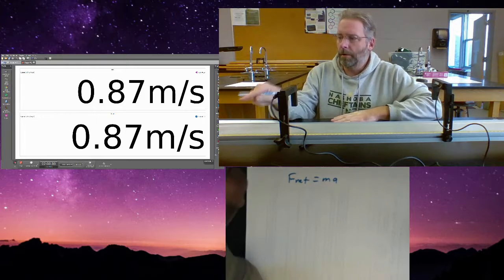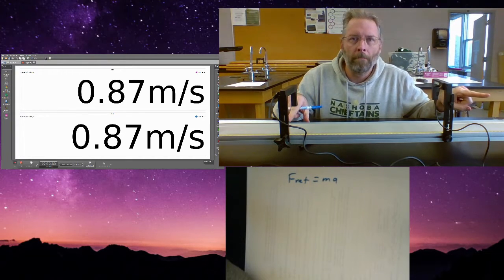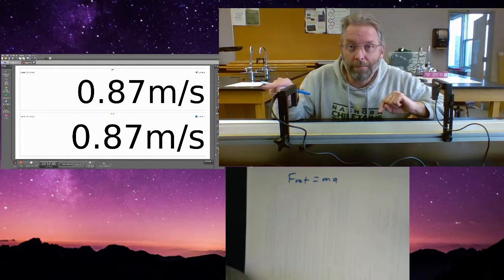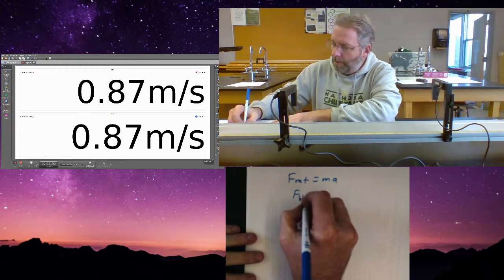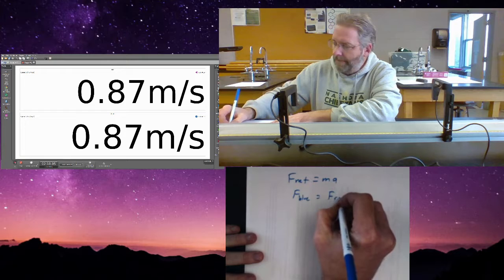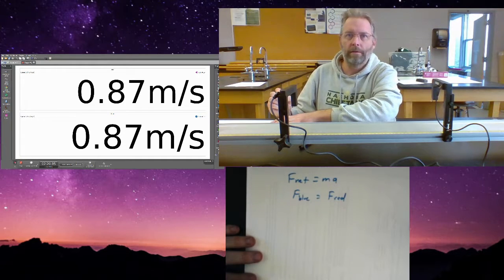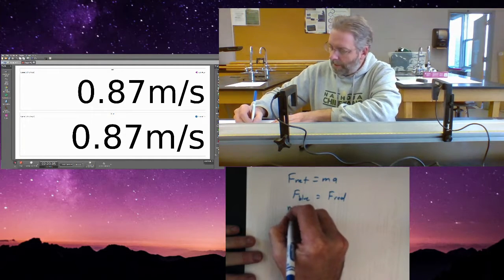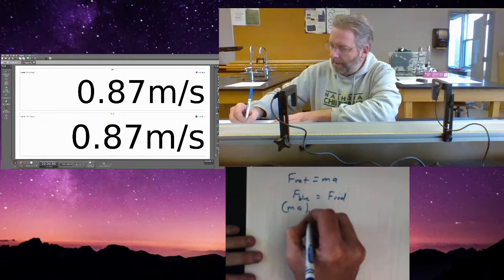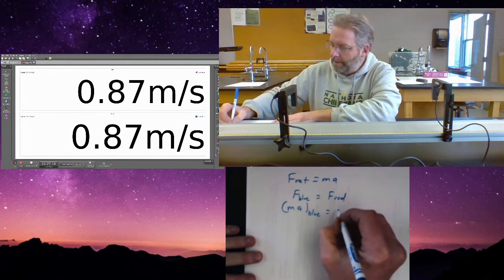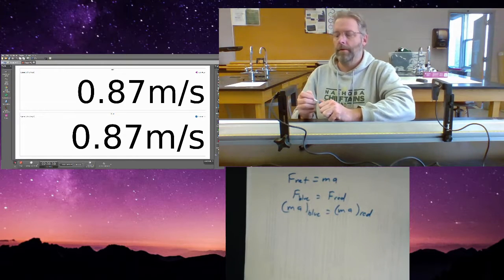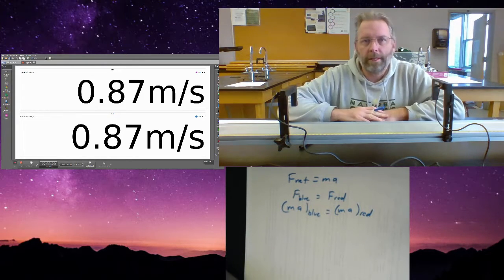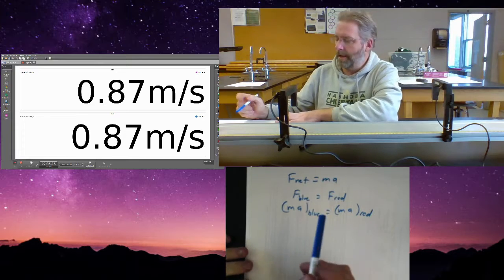Because the blue car pushes on the red car, but the red car pushes on the blue car with the exact same force. So I could say the net force of the blue car is the same as the net force of the red car. And so the mass times acceleration of the blue car is going to equal the mass times the acceleration of the red car.